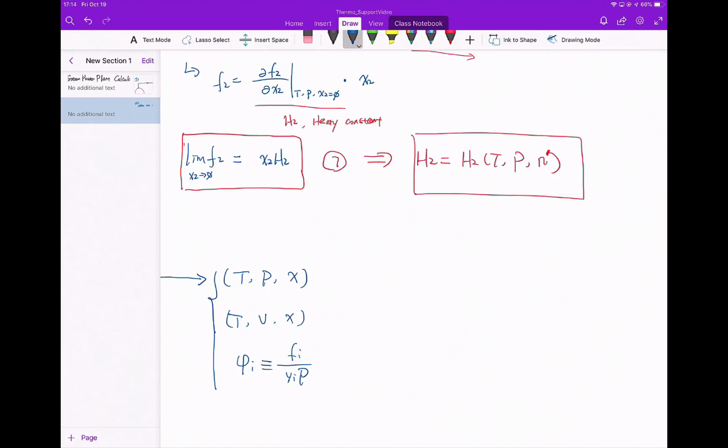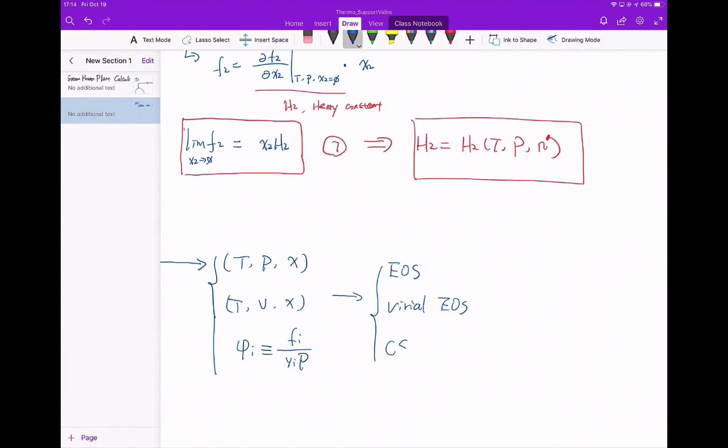Right. And I hope you somehow recall that. Now we can try to use the equation of state. We can use the variable equation of state. I can use corresponding state theory, all those terms for that calculation. This is a little bit complicated, but I hope that if we provide the equations, then you should be able to finish those calculations.